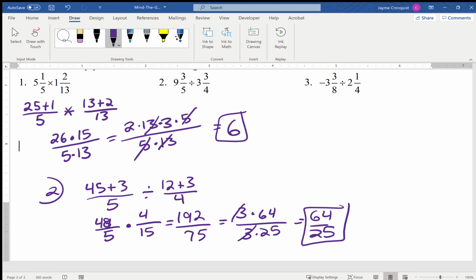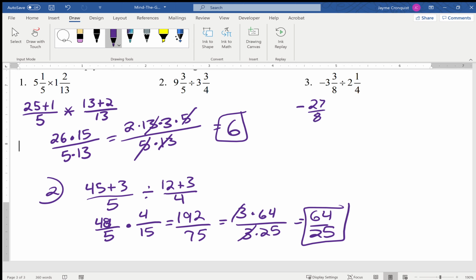All right, last one. Let's do number 3 here. 3 times 8 is 24, plus 3 is 27, so I have a negative 27 over 8. 2 times 4 is 8, plus 1 is 9. So I'm going to multiply this by 4 over 9. I just do the reciprocal.